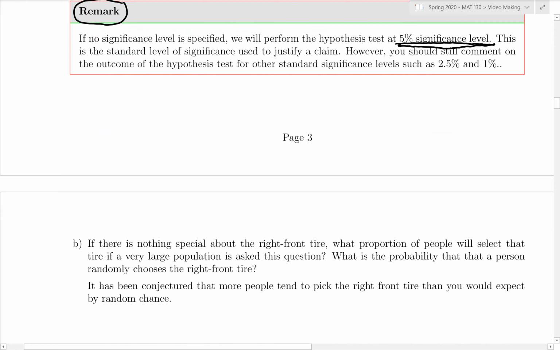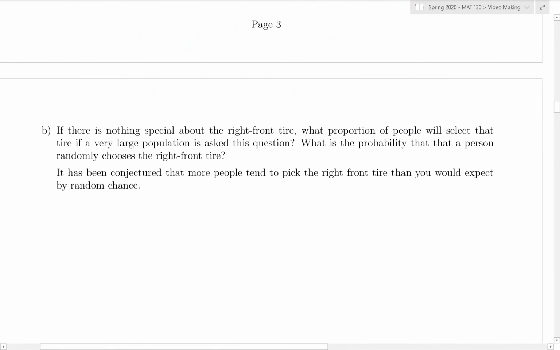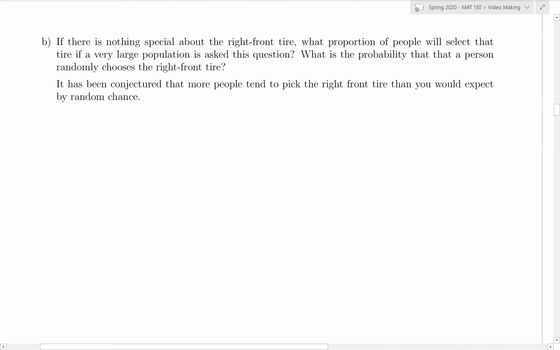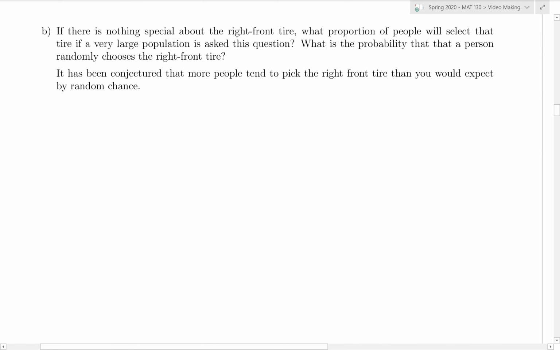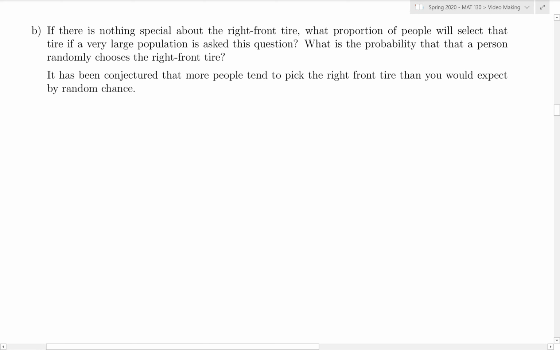All right, so now that we have talked about hypothesis testing in the case of one proportion, what we're going to do is go back and look at the example we were looking at earlier, which was the tire that we are guessing. All right, so the question states, if there's nothing special about the front right tire, what proportion of people will select that tire if a very large population is asked this question?